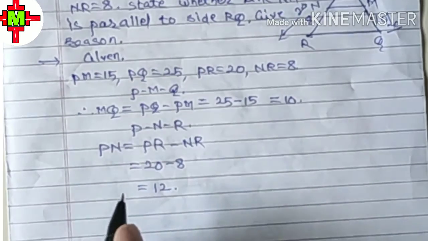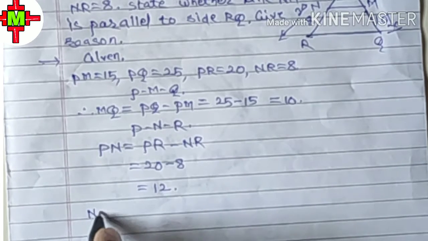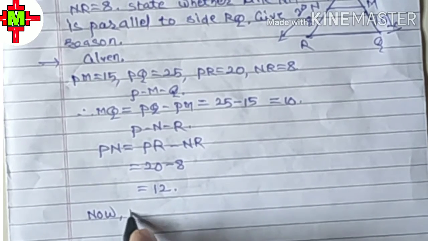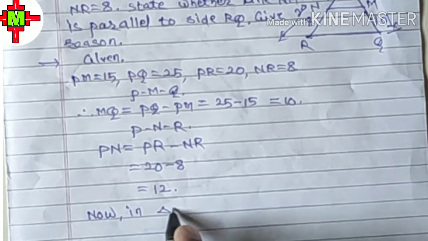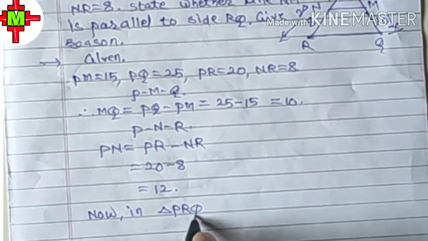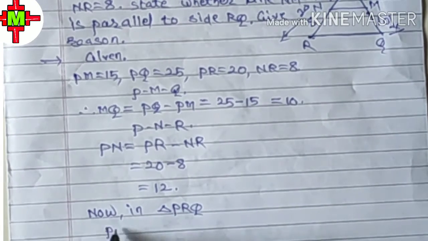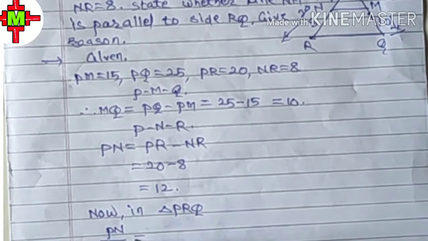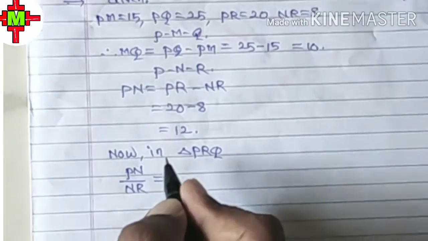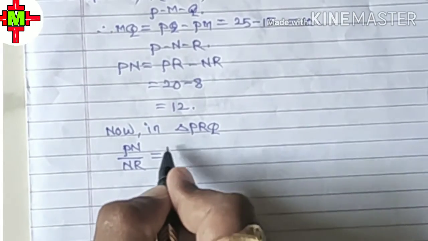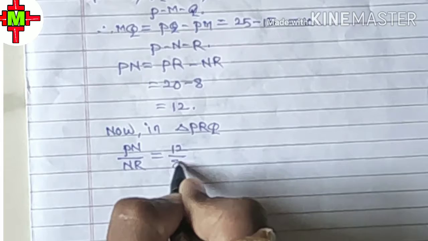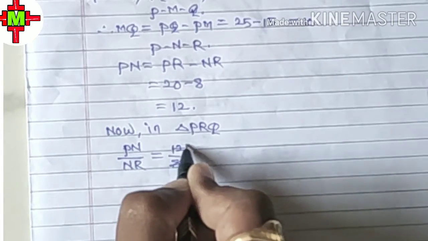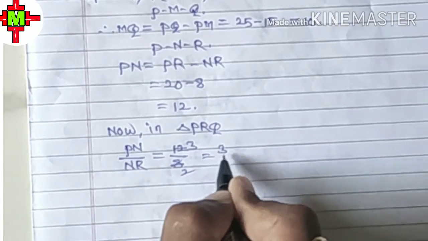Now in triangle PRQ, PN divided by NR is equal to 12 divided by 8. That means 3/2.